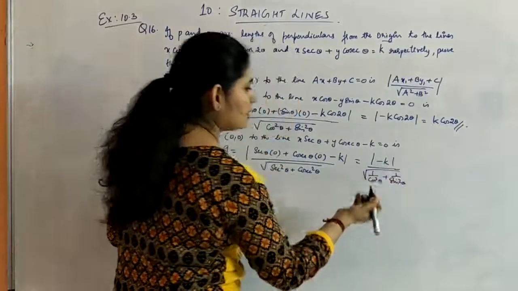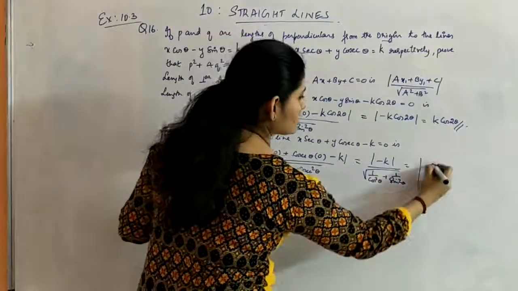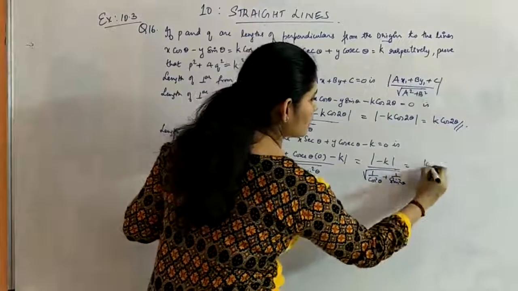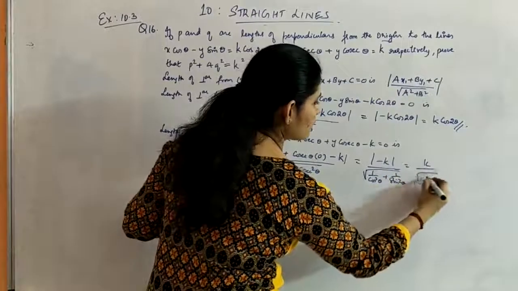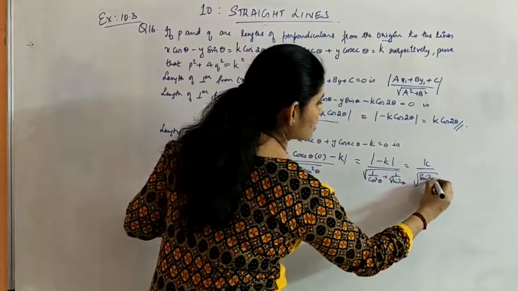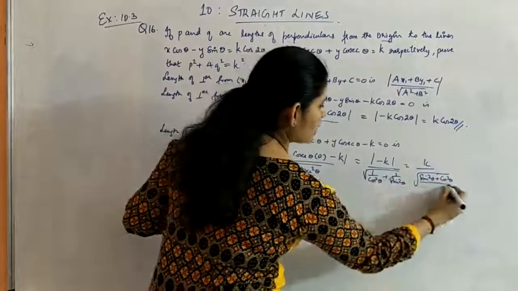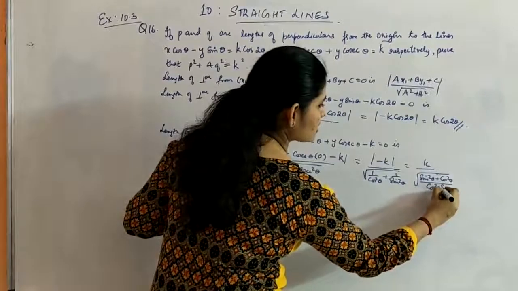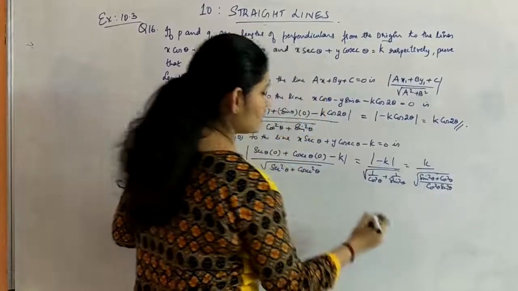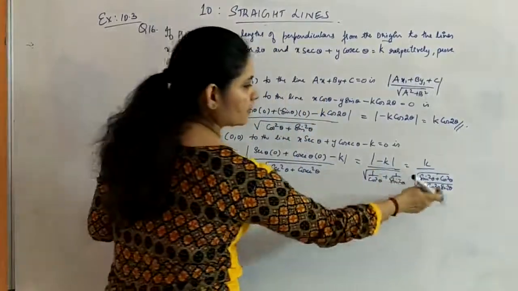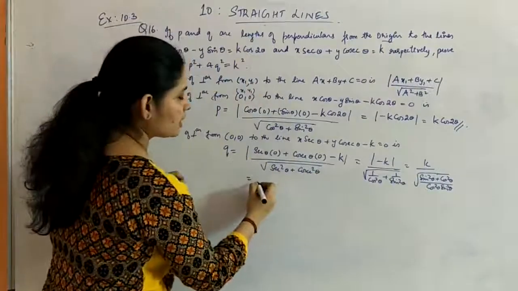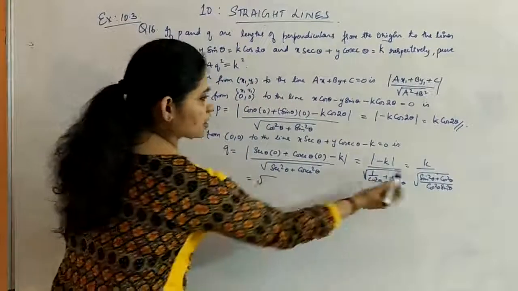Again taking the LCM, you will get sin square theta plus cos square theta in the numerator of this term, divided by cos square theta sin square theta. So this one will go there, and this is again 1.